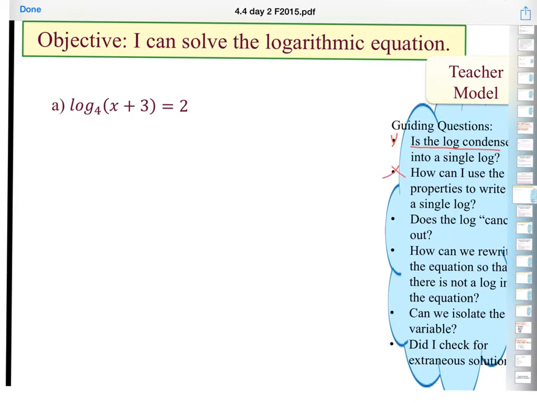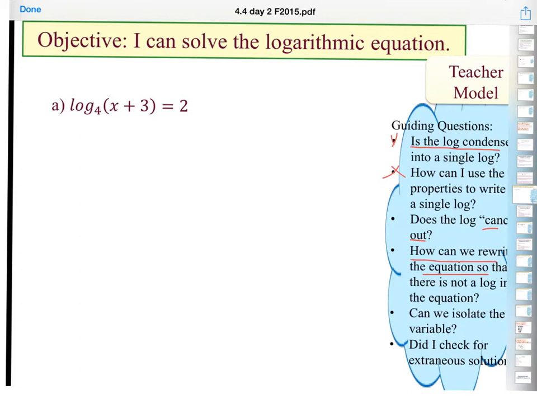Next we want to see, is there any way that we can rewrite this equation? It looks like nothing's going to cancel out, and I'm not going to give you equations that simple, but we're going to want to move on to rewriting the equation so that we do not have a log.